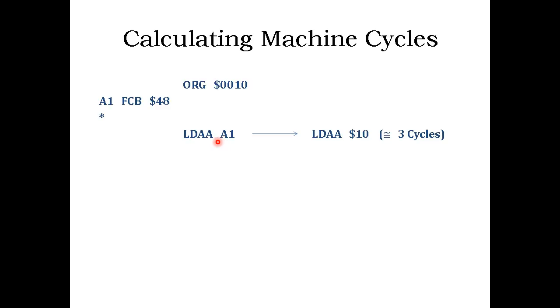So this line is pretty much equivalent to the line you have at the right side. Just by looking at this line at the right side, you can tell, oh, this is a direct instruction, right? And then you can tell this is 3 cycles. So now you can see how pseudo ops play a very important role when you determine the addressing mode. Because without the pseudo op, in this case, you can't tell what the addressing mode is, and then you cannot tell what the machine cycle is.